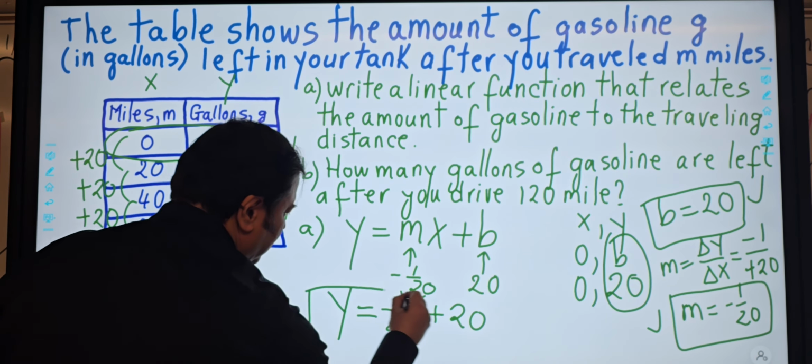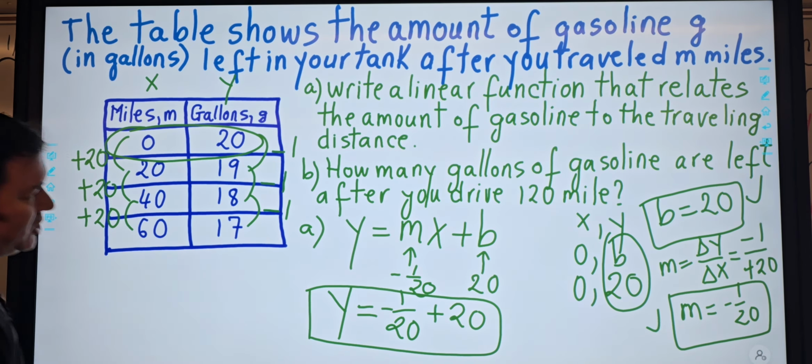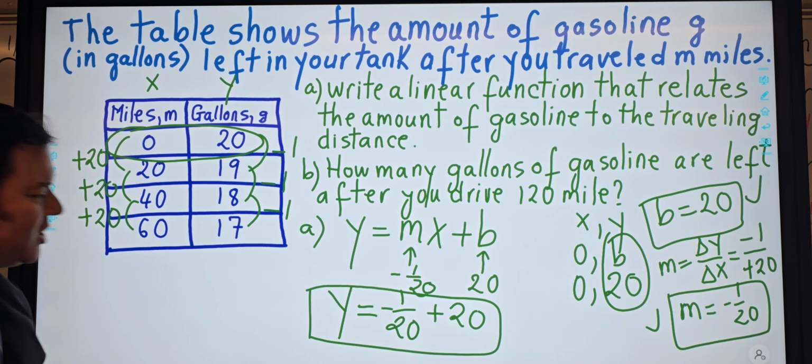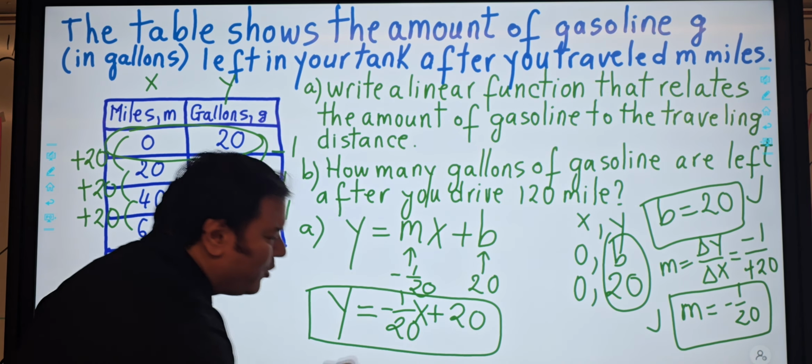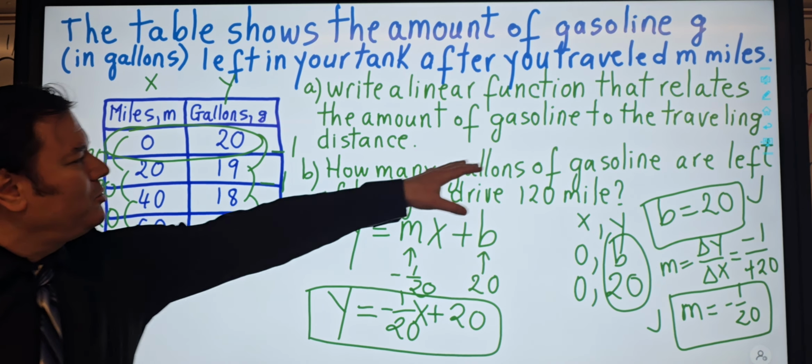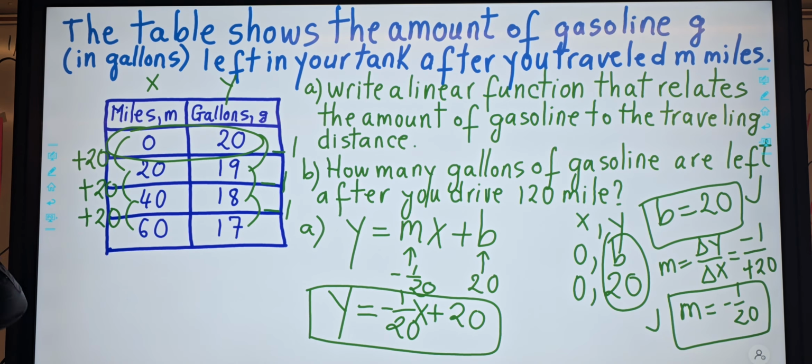We got the equation. So we wrote the linear function, negative 1 over 20 x, don't forget the x, plus 20, that relates the amount of gasoline to the traveling distance, right?